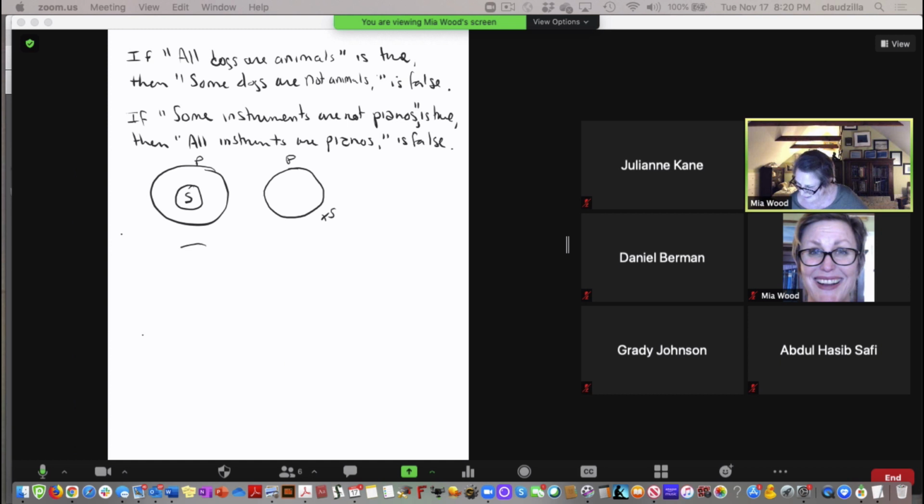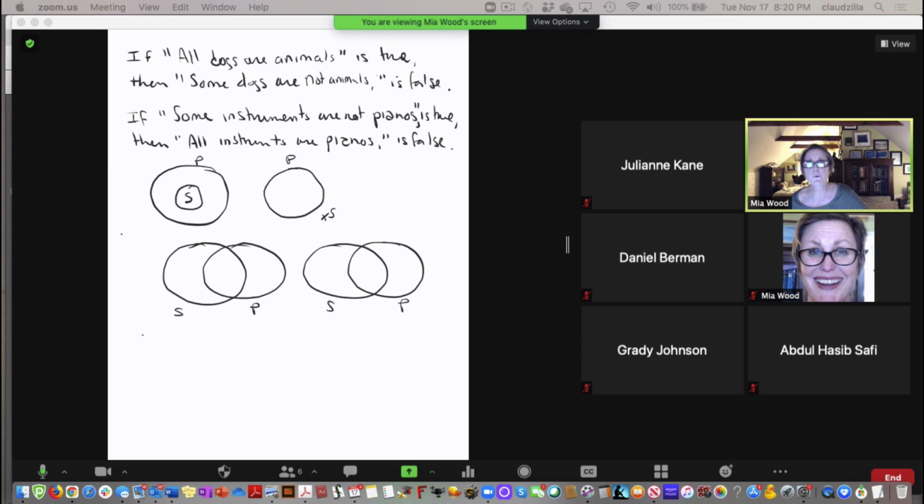So suppose that I have overlapping circles. Here's S, here's P. Suppose also that when I diagram the sentence all S are P, I shade the area of S outside of P. Basically, what I'm doing is saying that shading says there's no here here.